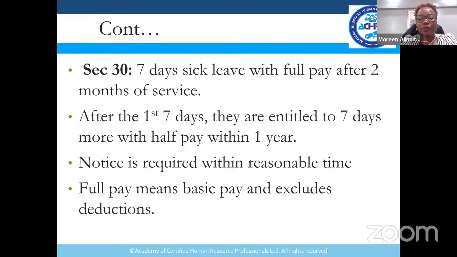Notice is required within reasonable time. In case you're sick, you have to notify your employer, because many times some people just assume that the employer knows that you're sick. No, it is the employee who is sick. So they must notify the employer within reasonable time, and they must provide medical documentation to support their sickness, because sometimes employees refuse to go to the doctor.